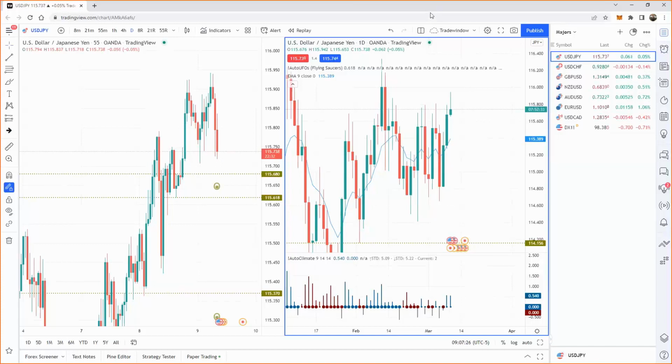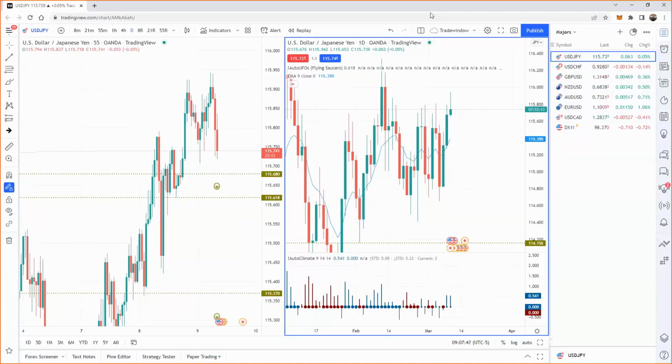Obviously, you have to go into the markets to make some money, but you should also be going in when the conditions of your trade plan are met. Because if you're going in just because you want to go in, then you're exposing yourself to potential losses that could have been prevented.